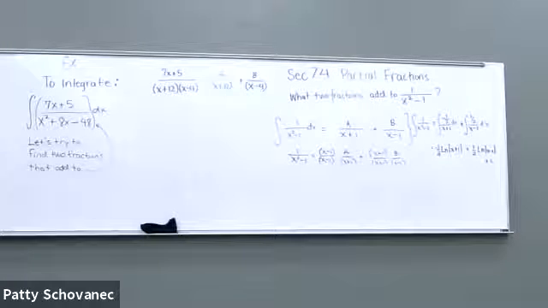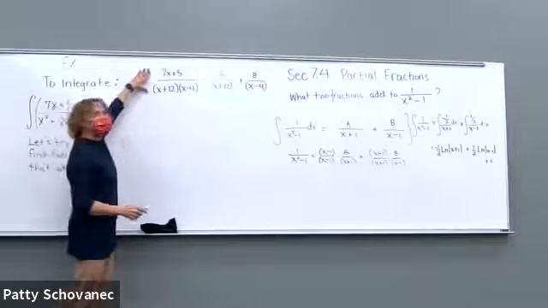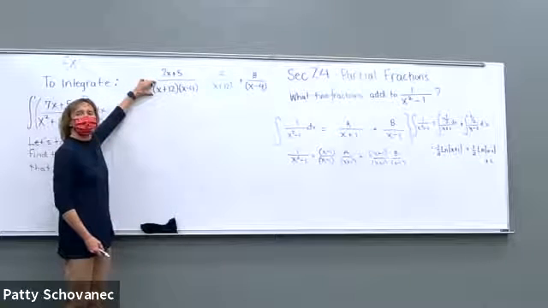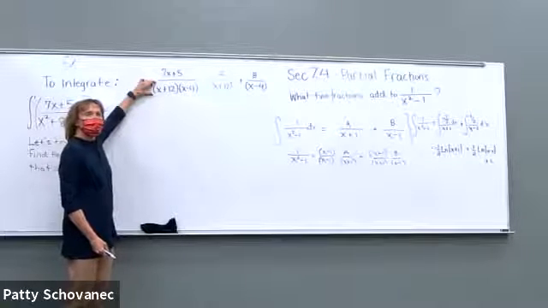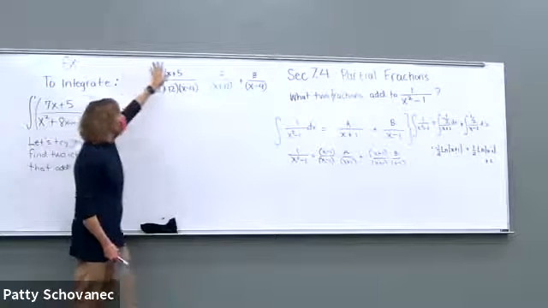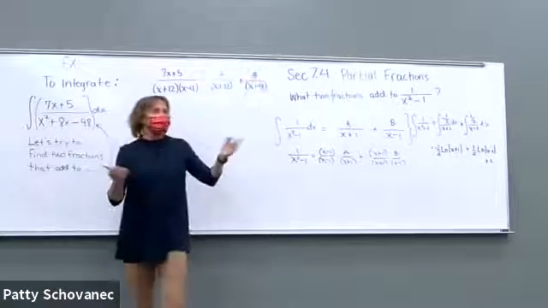Okay, so here's what I'm going to do. I'm going to take this rational equation and multiply both sides by the denominator that's on the left-hand side. Is that okay with you? That'll clear all the fractions. If I multiply both sides by x plus 12 times x minus 4, I can clear all the fractions.